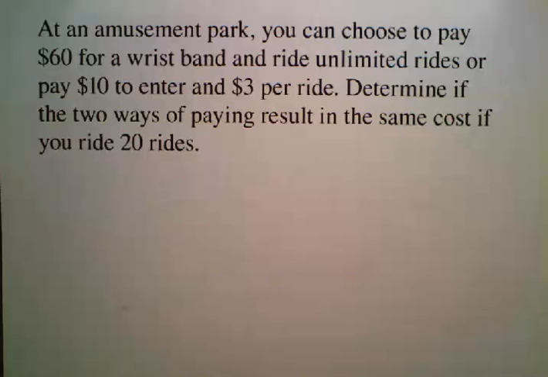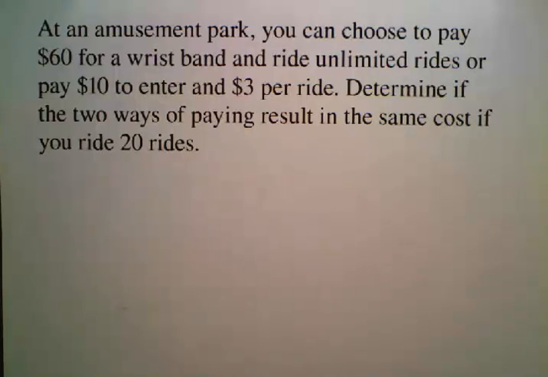Now we're going to apply what we have learned here to an actual real life situation where you will find yourself at an amusement park, a fair, or whatever, and you have to decide, am I going to pay the flat fee so I can ride all day, or do I pay a smaller entrance fee and pay per ride? Well, you're going to have to figure it out.